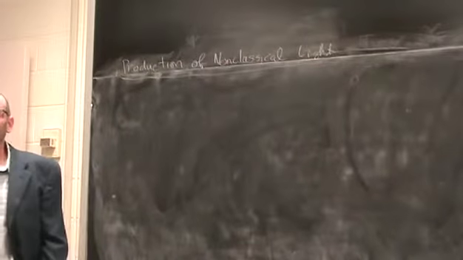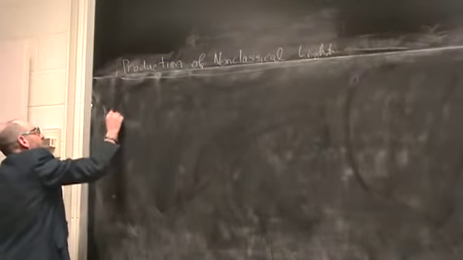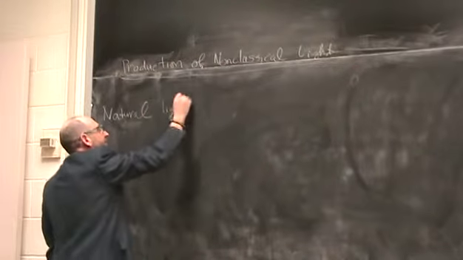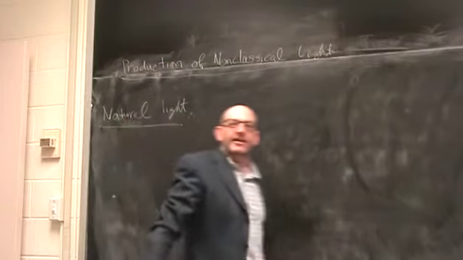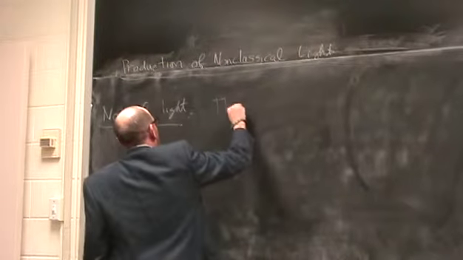Light is radiated by matter. What we discussed is that natural light that comes from stars or lamps, fire, is what we would call thermal light.